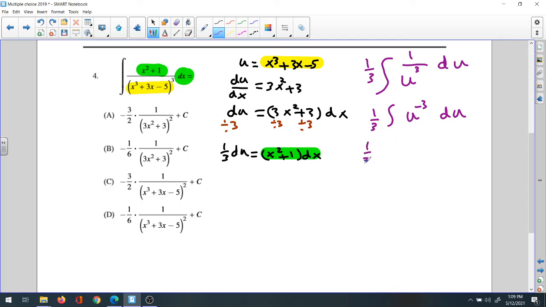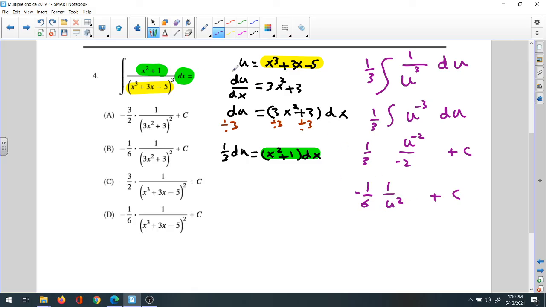Keep 1/3 and integrate u to the negative 3. Add 1 to the power, it will be u to the negative 2. Divide by the new power, which is negative 2, plus constant. Then it will be negative 2 times 3 is negative 6, so negative 1/6. And u to the negative 2 will be 1 over u squared. Make it a positive exponent. The last step is to replace, as we started with x here, we have to end with x, not with u.